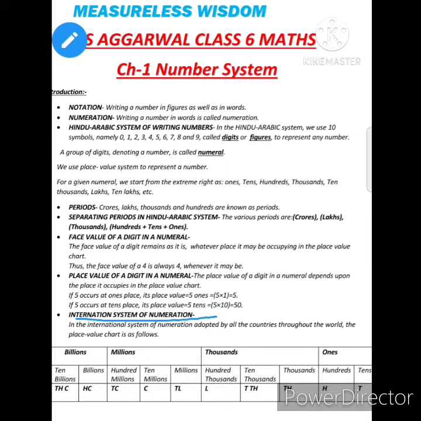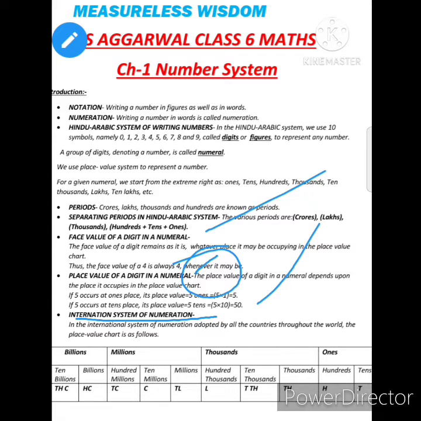Their own systems are also used, as well as the international system. So there is no problem, and we get everything properly. It makes things easy, and it is common.